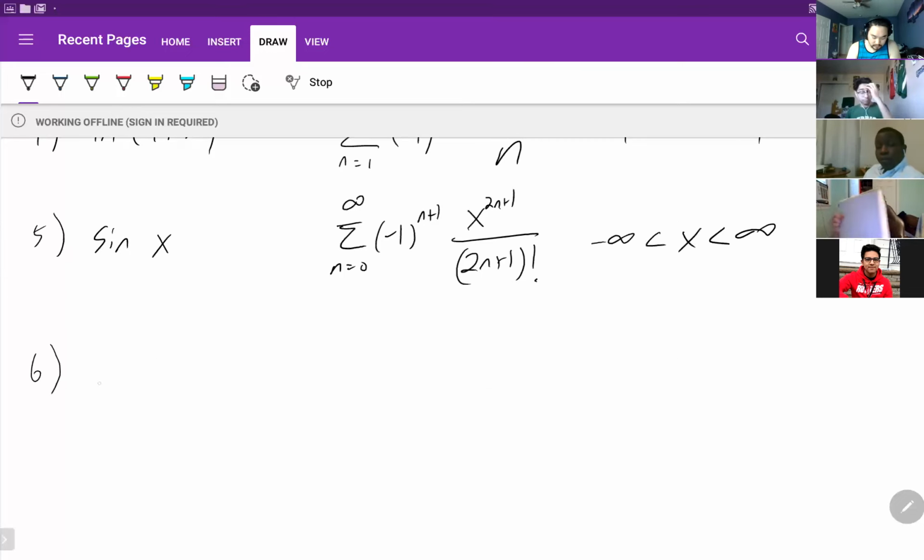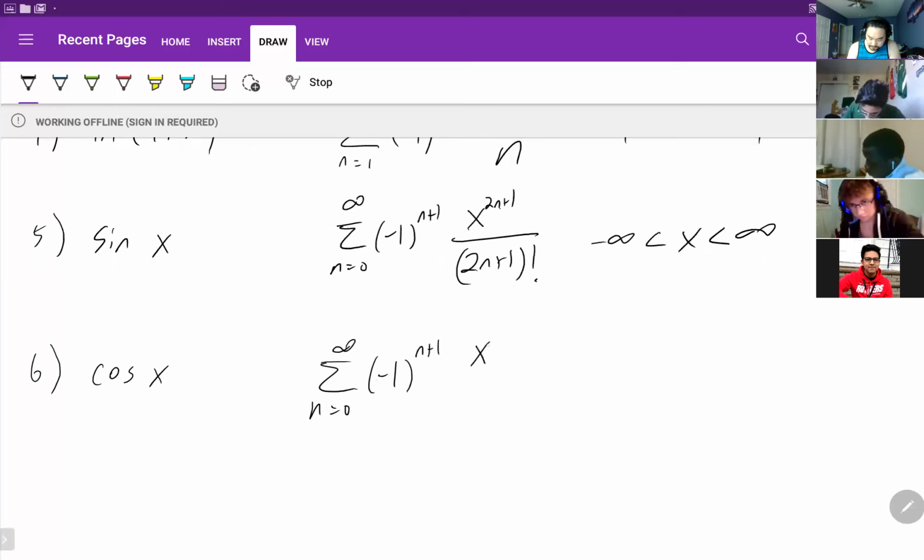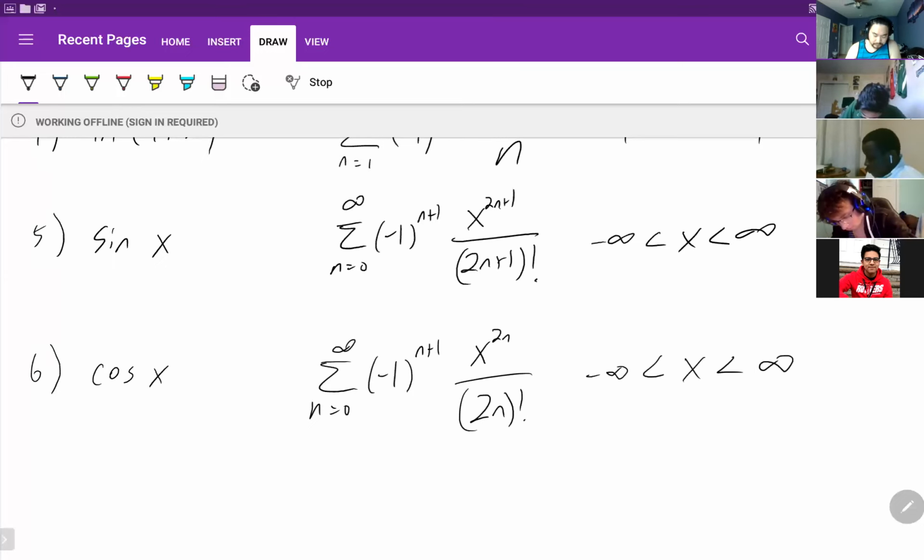6 is cosine of x. It looks like sine, except it's even. Once again, this also converges everywhere. Let me just double check. Yeah. Oh, sorry, these start positive.